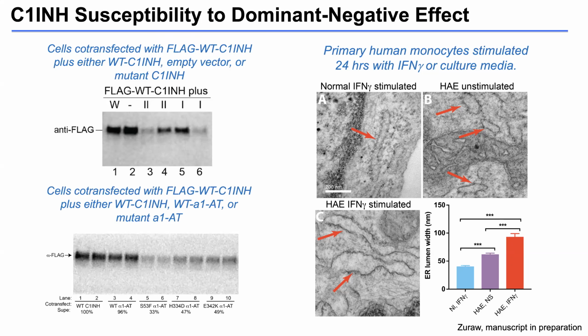And the biggest surprise is shown here. What we found is that if we co-transfect with mutant alpha-1 antitrypsin, we also decrease the secretion of wild-type C1 inhibitor. But the mutant alpha-1 antitrypsin doesn't have any impact on the secretion of wild-type antitrypsin.